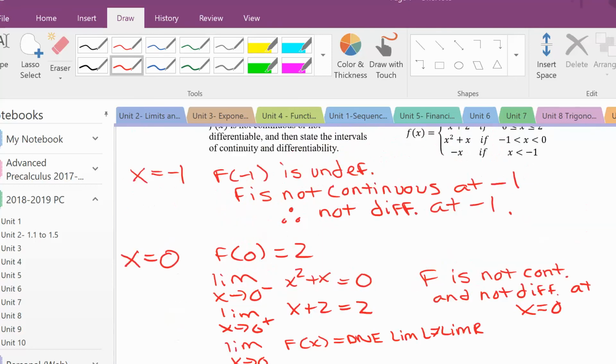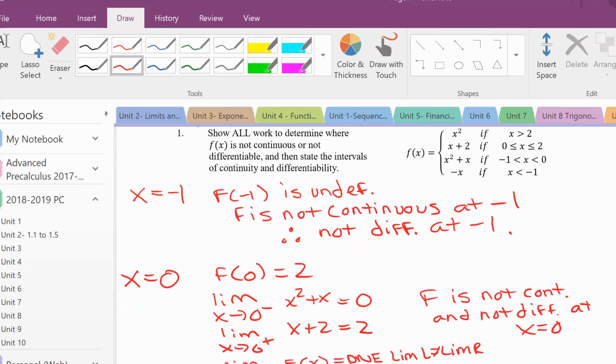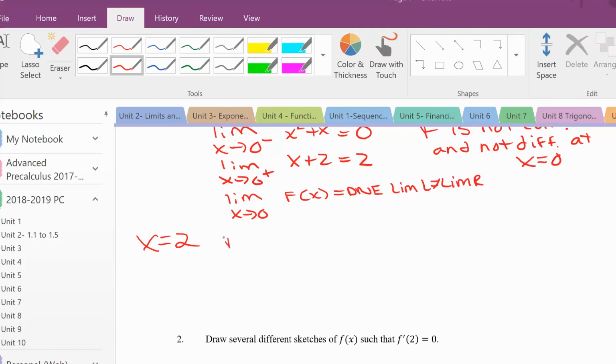So then the last point is 2. That's the last changing point. Well, f of 2 is equal to 4. The limit as x approaches 2 from the left, and the left is going to be x plus 2, so that's also going to be 4.